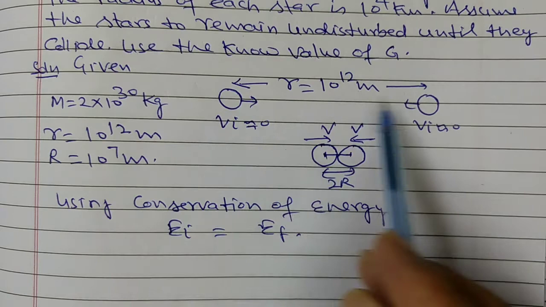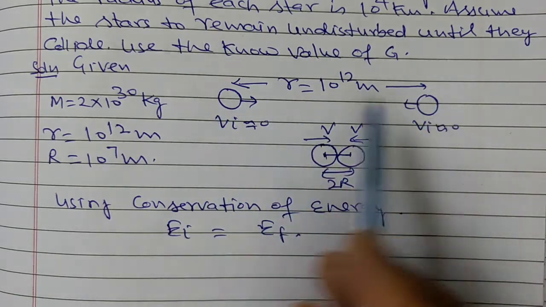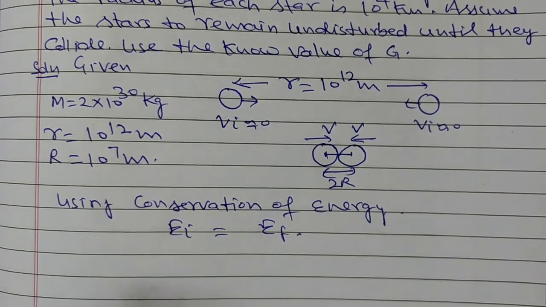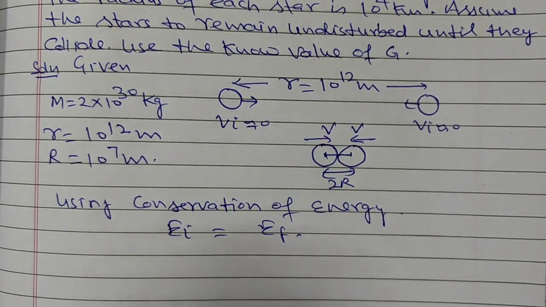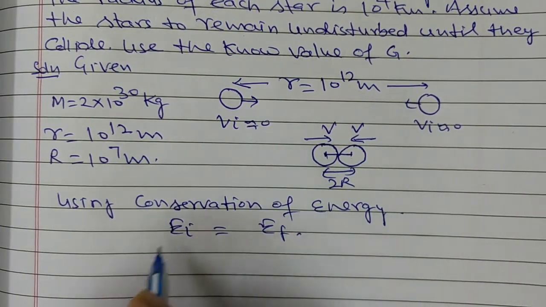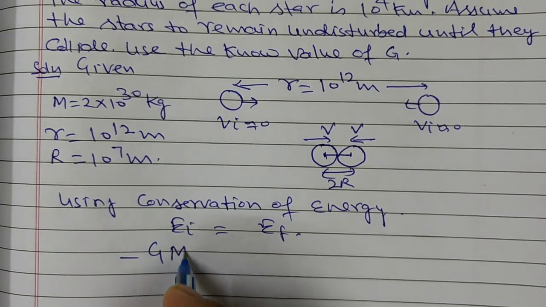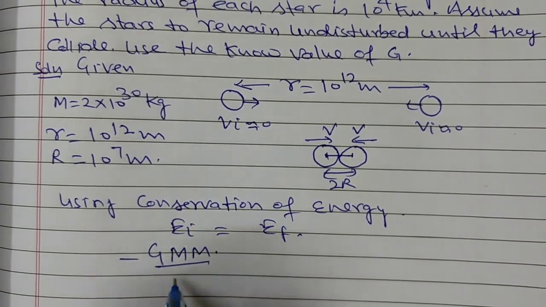Initial energy is here, and here the kinetic energy is approximately 0, and there is only gravitational potential energy, and this gravitational potential energy is equal to minus G m m upon r.